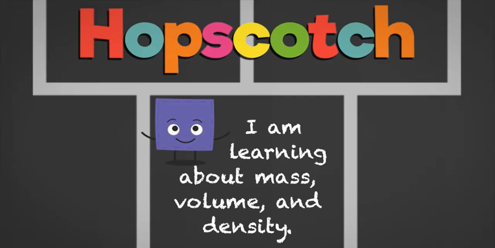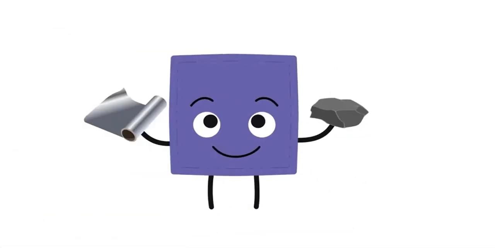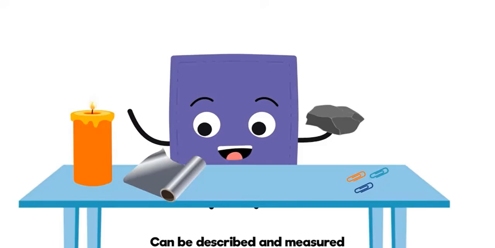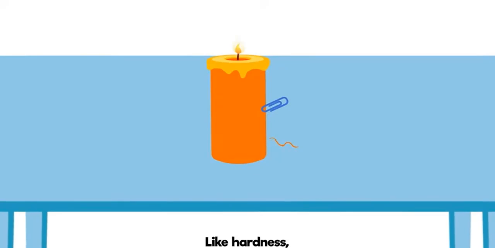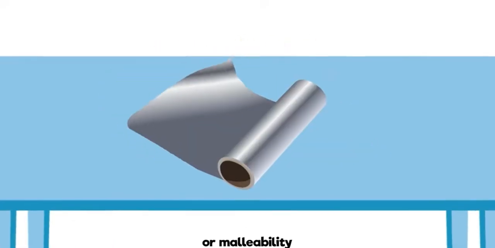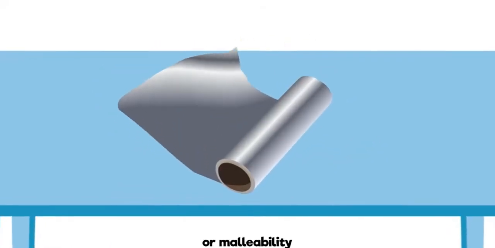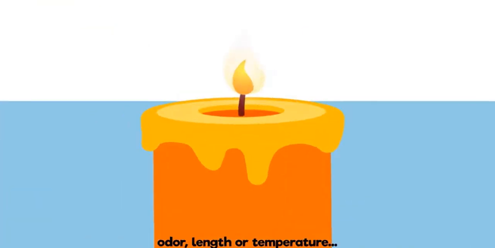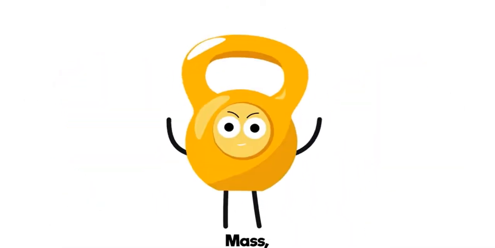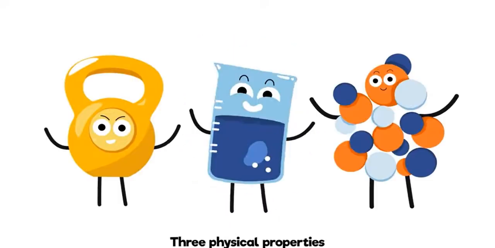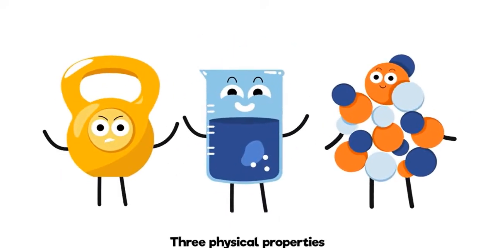Every object on this earth, every substance that you see, can be described and measured by physical properties like hardness, color, malleability, odor, length, or temperature, or these magic three. Mass, volume, density, three physical properties.